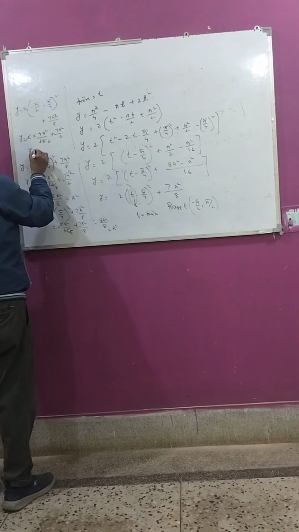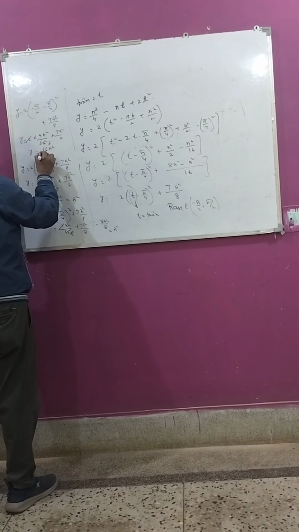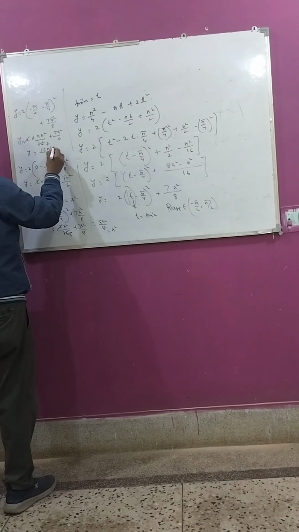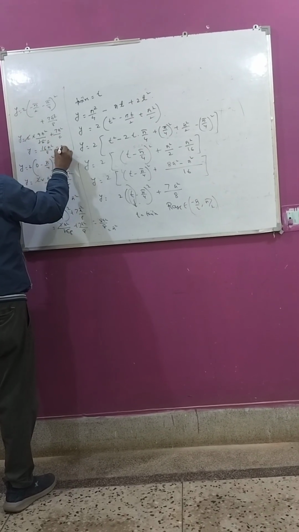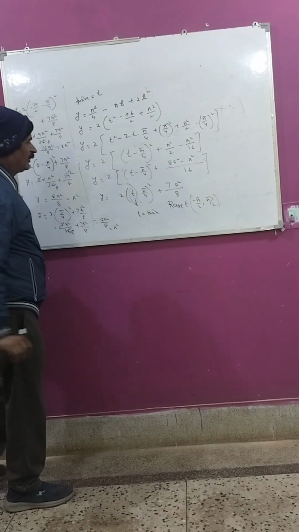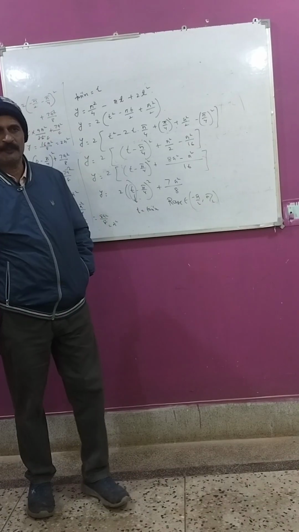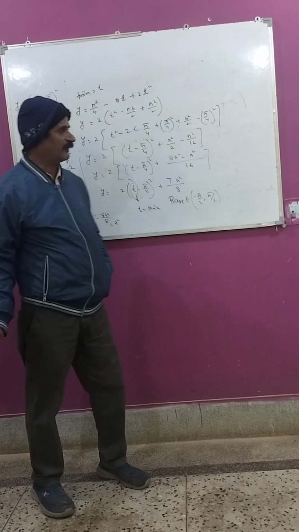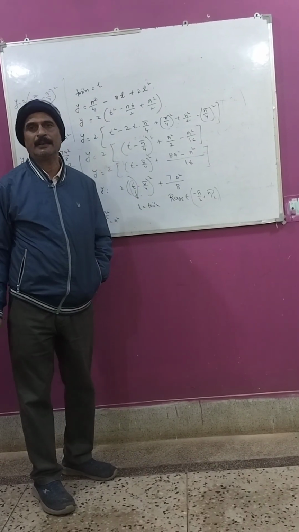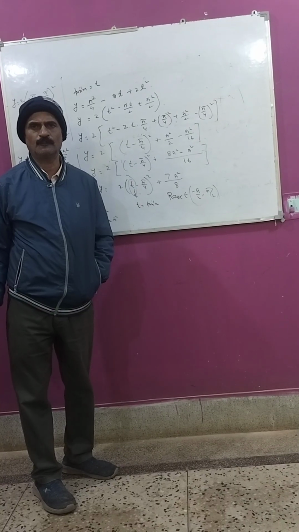So y equals to 16 pi squared by 8, so 2 pi squared. So in this way you can find the maximum and minimum value of that expression. So by making a perfect square, we can find its maximum and minimum value.